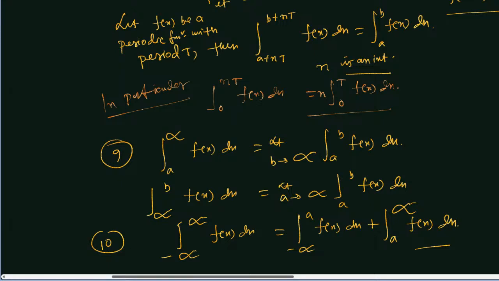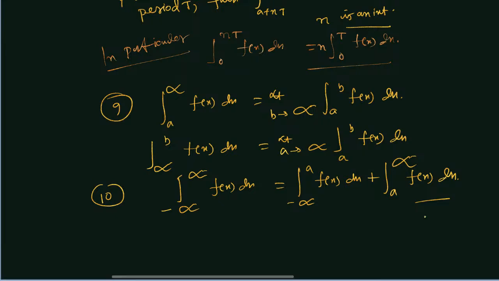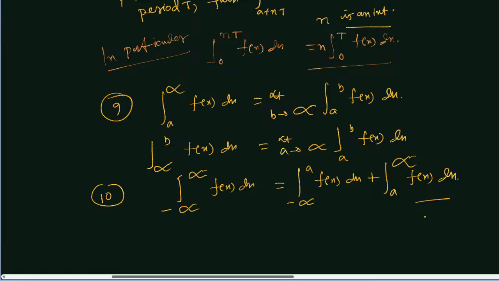Use this one. Then the solution will be like before. This one we will solve: limit x tending to minus infinity, integral from x to a of f(x) dx, and this one, y tending to infinity, integral from a to y of f(x) dx. Got the point?